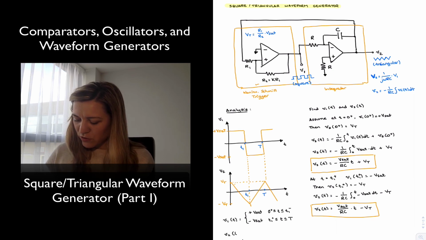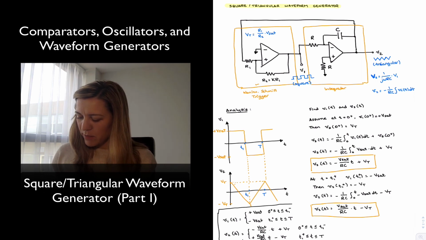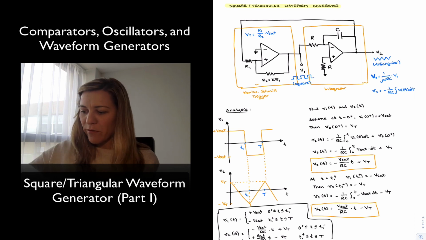And V2 as a function of time is going to be equal to negative Vsat over RC times t plus Vt for 0 plus less than or equal to t less than or equal to t1 minus, and positive Vsat over RC times t minus Vt between t1 plus and the period. So these are my mathematical expressions for those two waveforms.